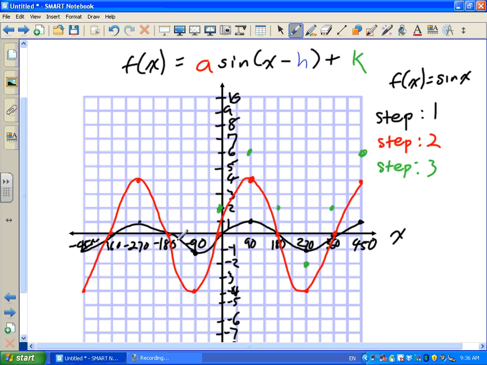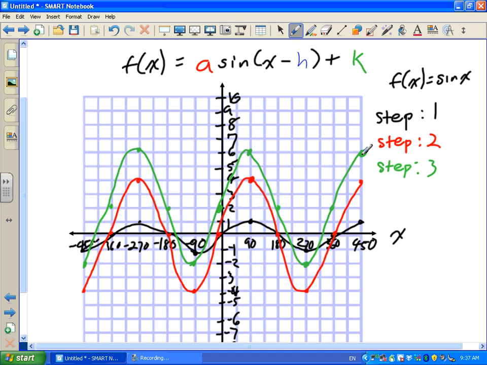So you get every single point, just move it up 2 units. So our new graph, our step 3, is done in green.